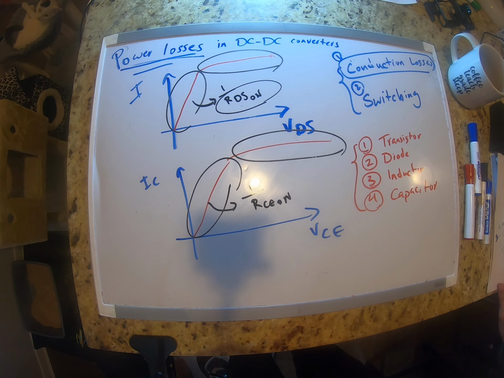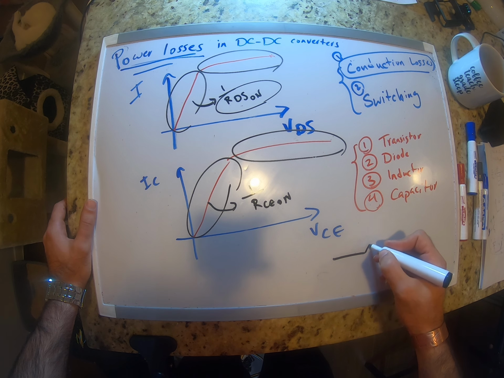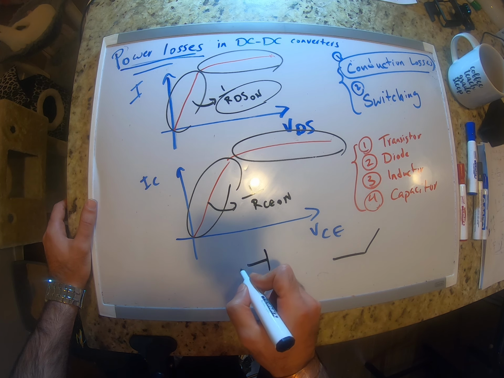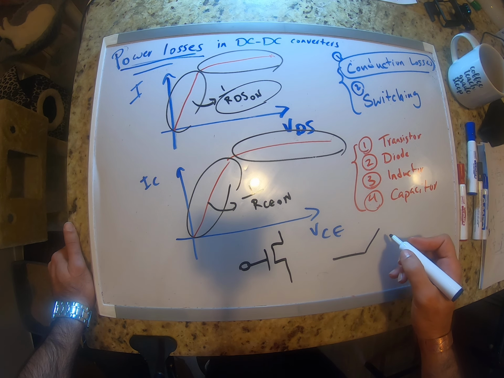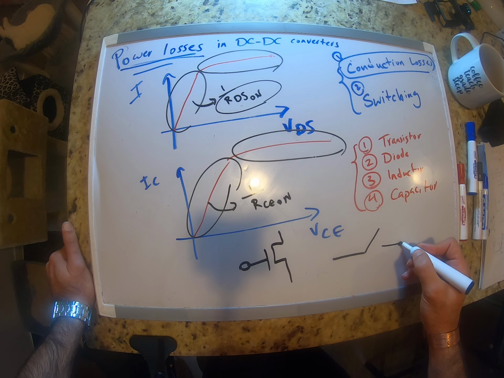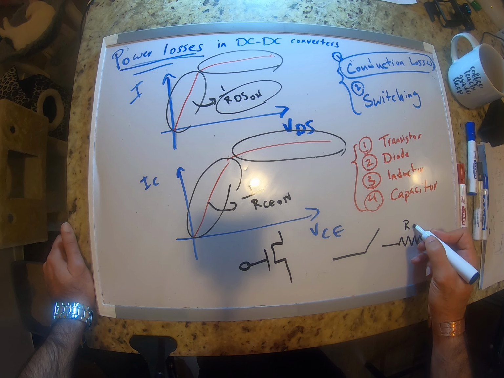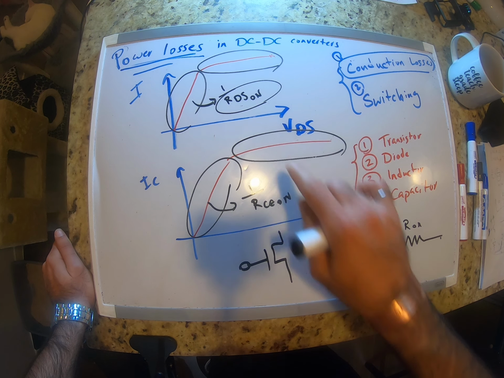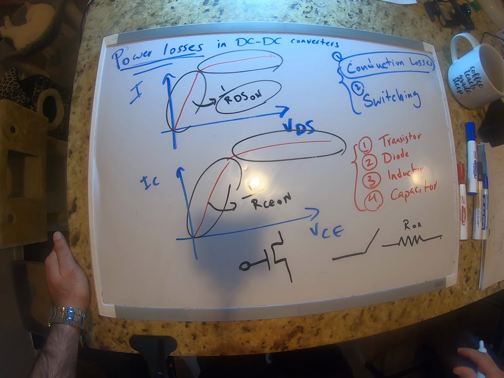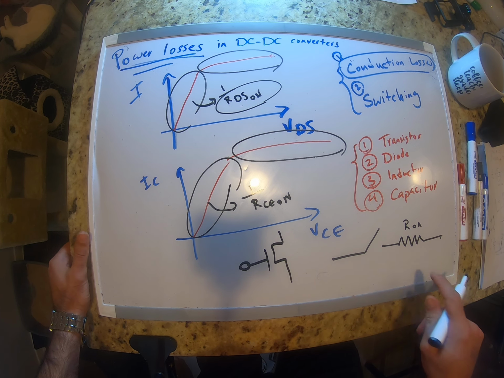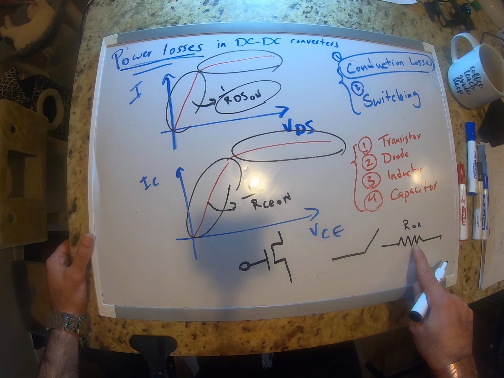Many times a transistor is modeled as a perfect switch with a series resistor, which is this R_DS(on). This is how we model switches, so that we can consider the losses in the switch, because this resistance is going to cause losses.